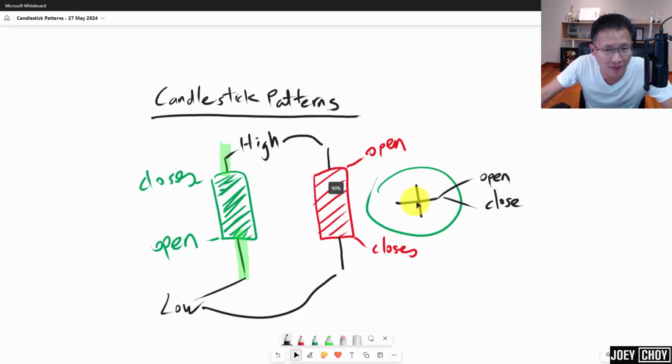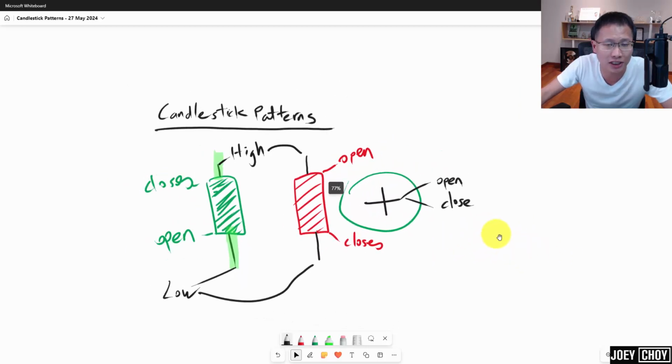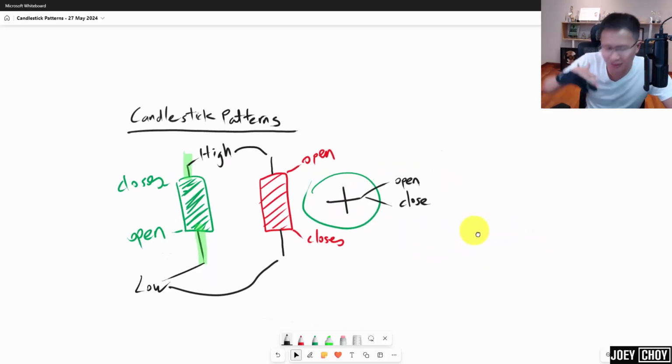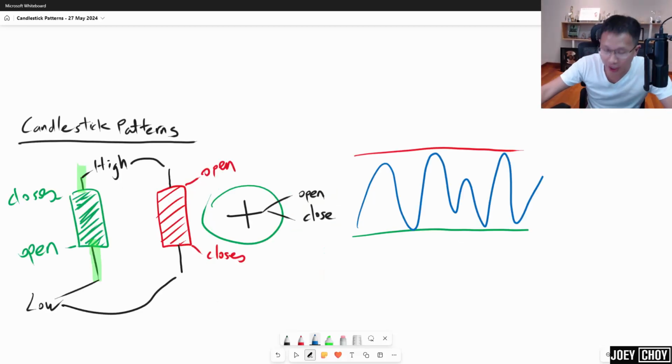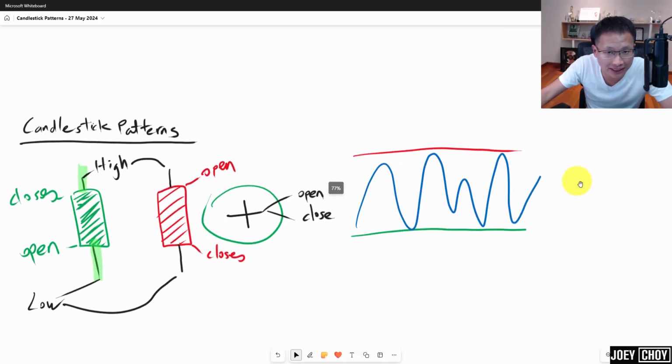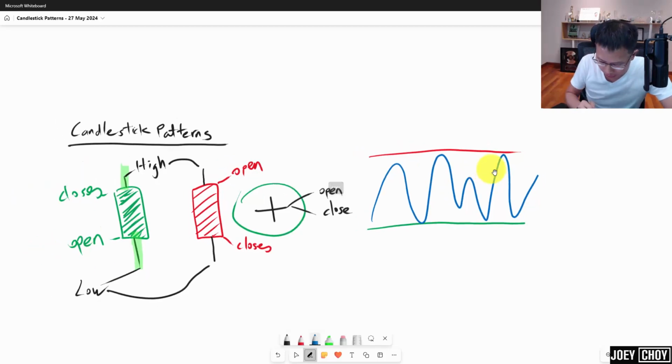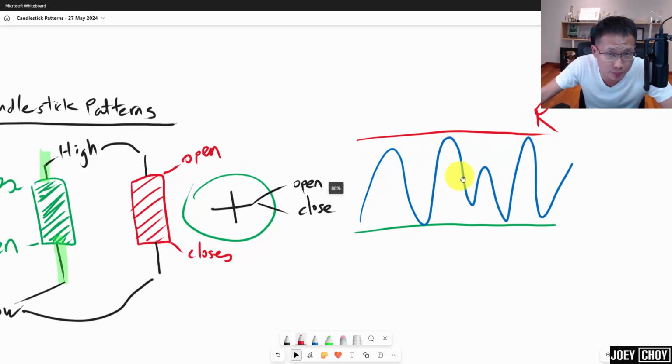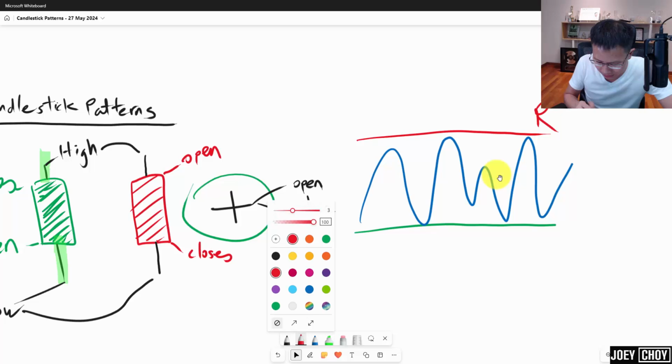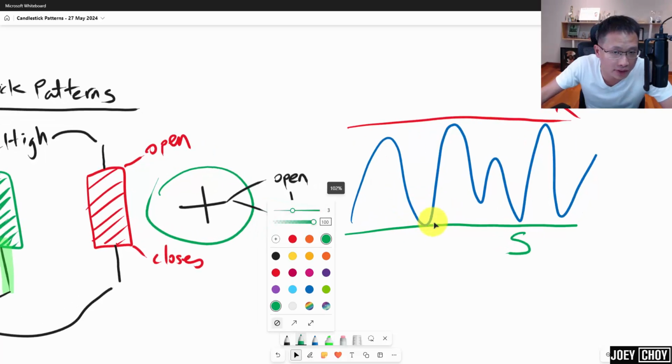So if you see a doji, what does it represent? Normally when we see a doji happening somewhere near a resistance or maybe even near a support level, that is what we call a sign of a reversal. For example, let's say we have a stock that is consolidating sideways, just below a very key resistance level, whereby sellers are coming back and pushing it back down many times, could be 2 months, 3 months, 5 months. And we may also have seen a support level, where prices actually rebounded many times.